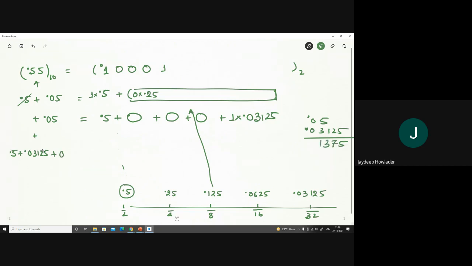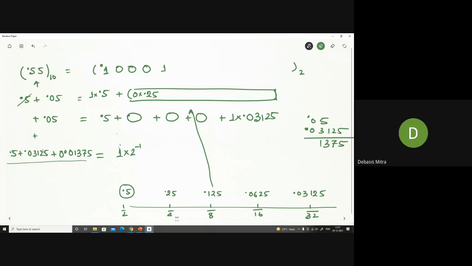So there will be a 0, 1, 3, 7, 5. Okay, and we have representing these things. We have the representation of 1 in the addition positions.